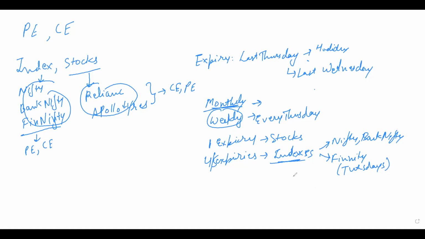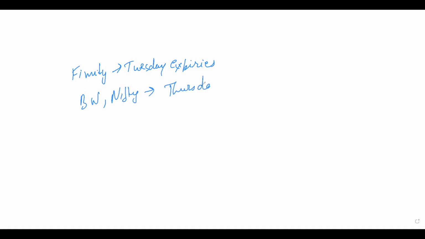It depends on how many Tuesdays there are in the month. If there are 4 Tuesdays, there will be 4 Fin Nifty expiries. If there are 5 Tuesdays, there will be 5 Fin Nifty expiries. So to summarize, guys, if you have Fin Nifty, you have Tuesday expiries. If you have Bank Nifty or Nifty, you have Thursday expiries.